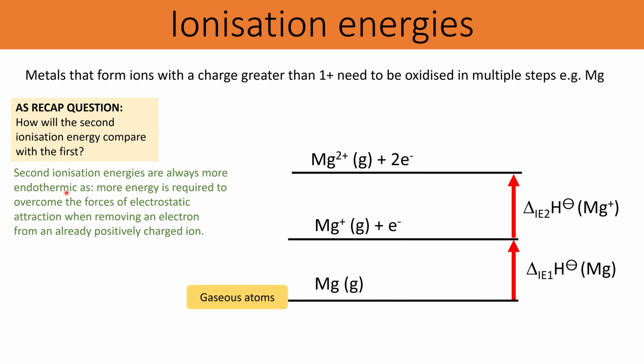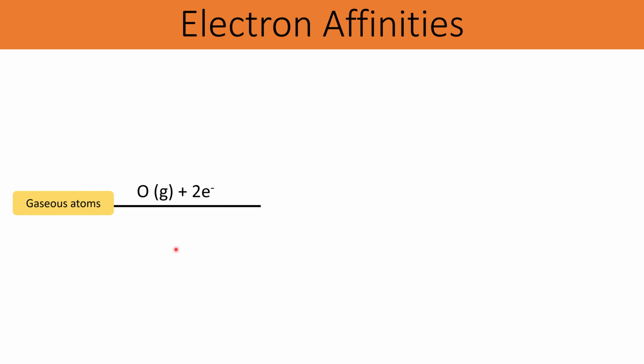So we could say that second ionisation energies are always more endothermic as more energy is required to overcome the forces of electrostatic attraction when removing an electron from an already positively charged ion. It's quite important. Second ionisation energies are always a bit bigger than first ionisation energies, so you can show that in the scale of your arrows on your Born-Haber cycle.